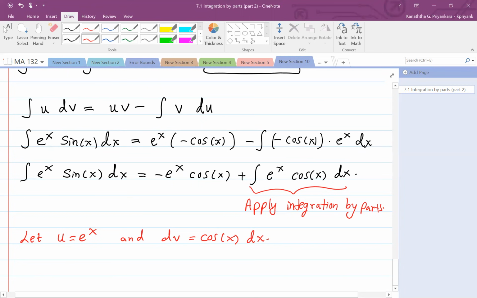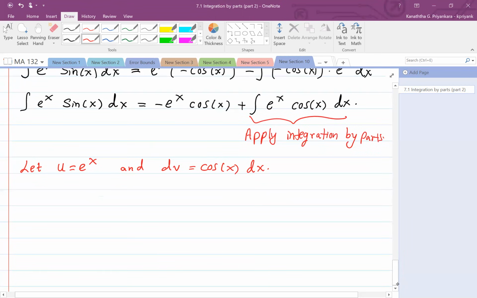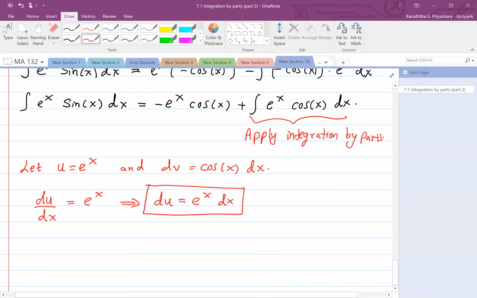Now we need to compute du. du over dx is the derivative of e to the power x, which is the same. So from this we get du, that is e to the power x dx. Then we integrate the dv expression to compute v. So dv is the integral of cosine x dx.